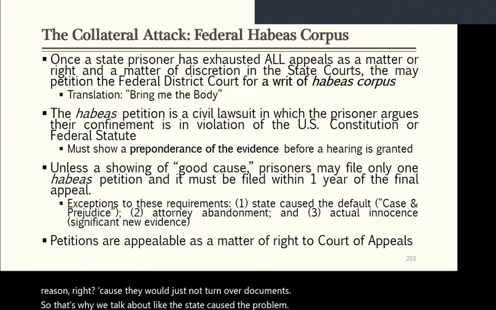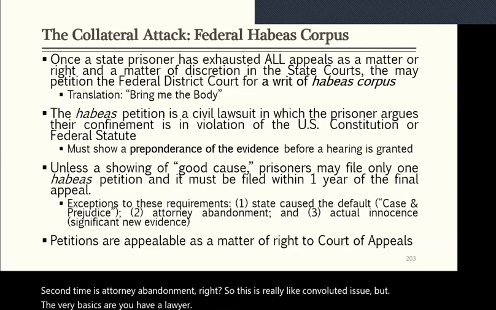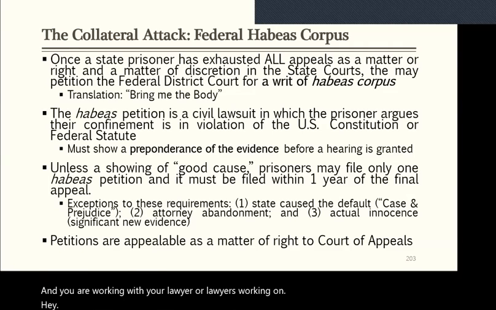Second is attorney abandonment, right? So this is a really convoluted issue, but the very basics are you have a lawyer, right? And you are working with your lawyer and your lawyer is working on the petition for the writ of certiorari or petition for writ of habeas corpus, I apologize.